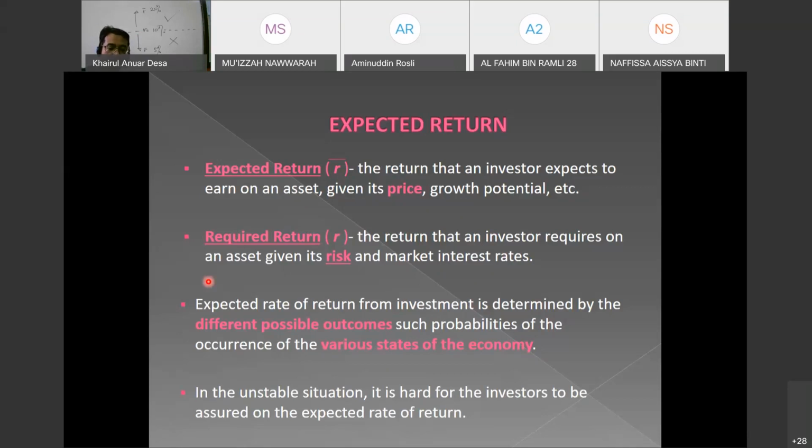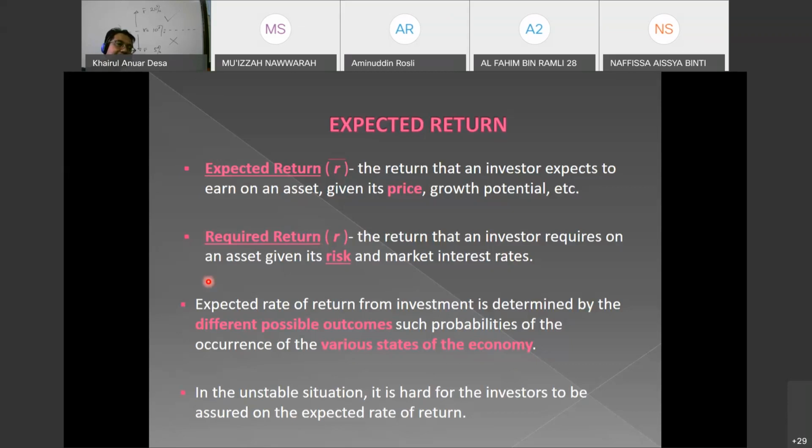If you give a wrong judgment in deciding which project the company should invest in, ianya akan menyebabkan sesebuah syarikat tersebut bankrupt ataupun not achieve profit target for that year.